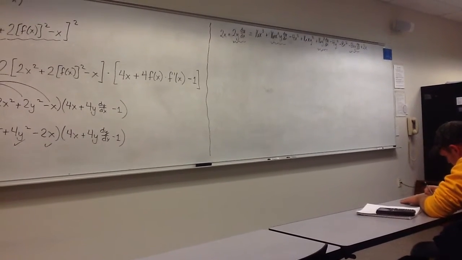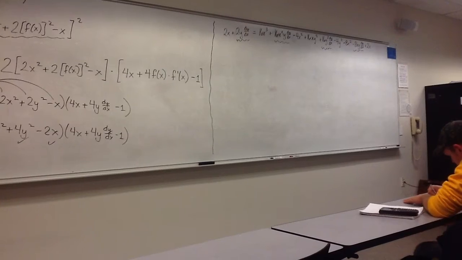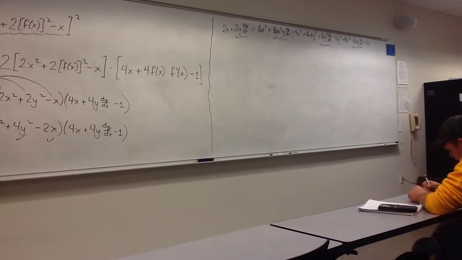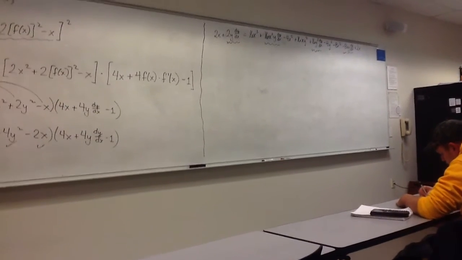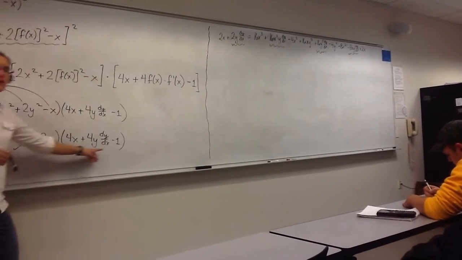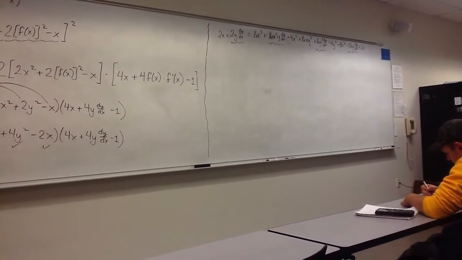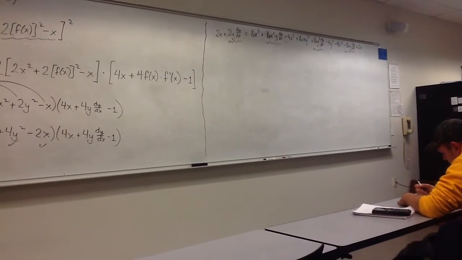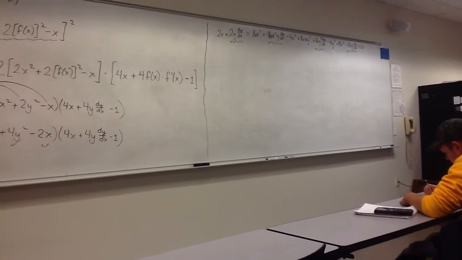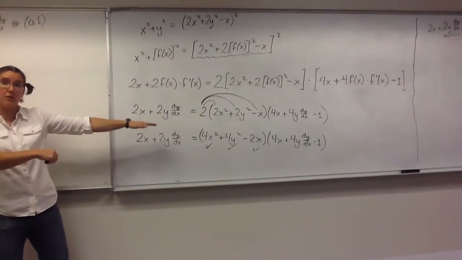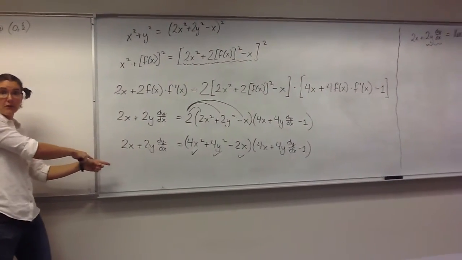Okay, since this is 0 and 1/2, could you just substitute 0 in there? So for what we're doing in this particular example, we only want to know the slope at specifically 0 and 1/2. We can go to this step and plug in 0 for x and 1/2 for y, and we can solve for dy dx after we've plugged those numbers in.